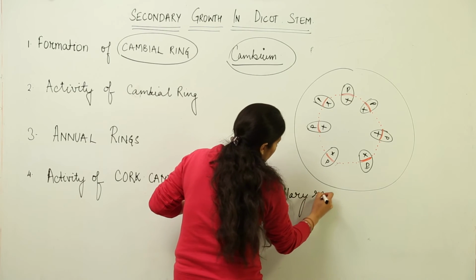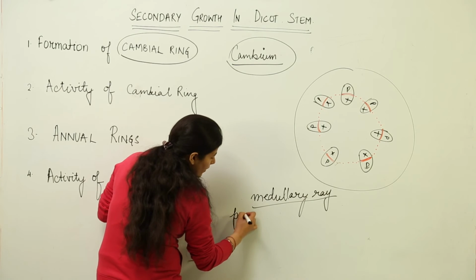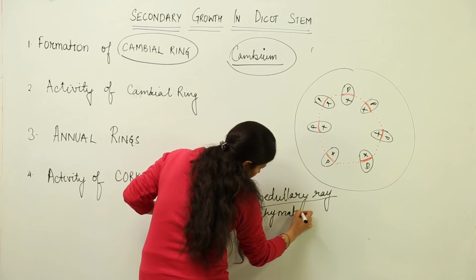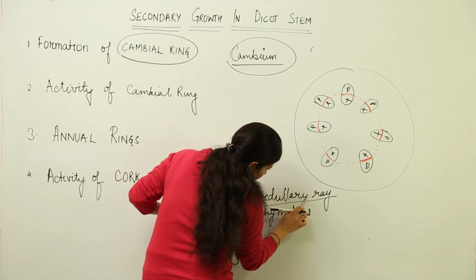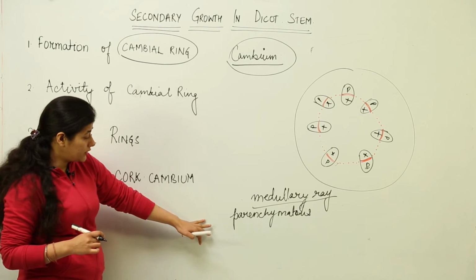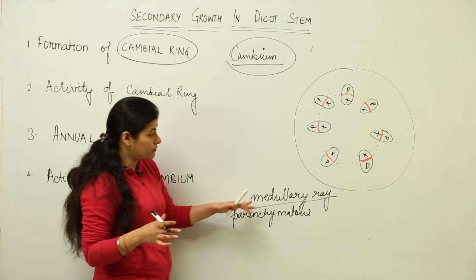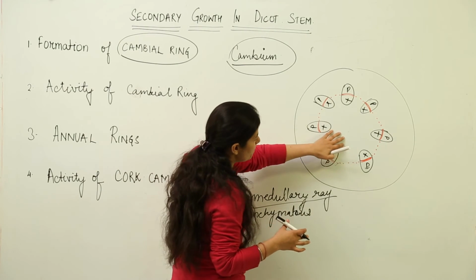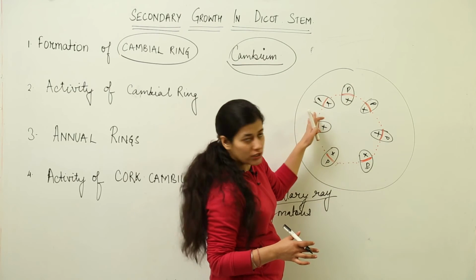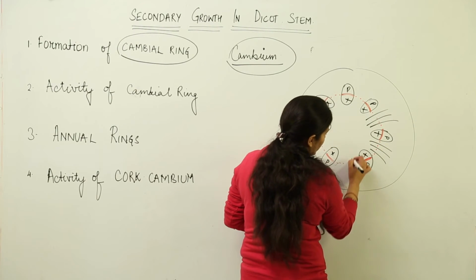This medullary ray is parenchymatous. This is a repetition of the previous class material, where we studied the sections of the Dicot stem and how to represent it diagrammatically. The patch between the adjoining vascular bundles happens to be the medullary rays. So, this is the medullary ray, right?